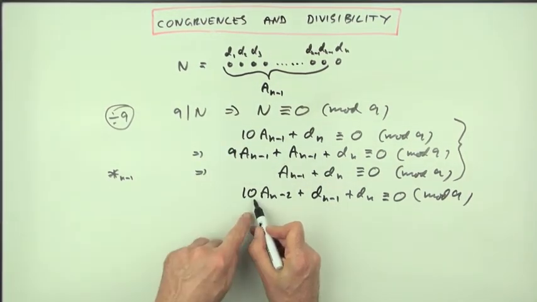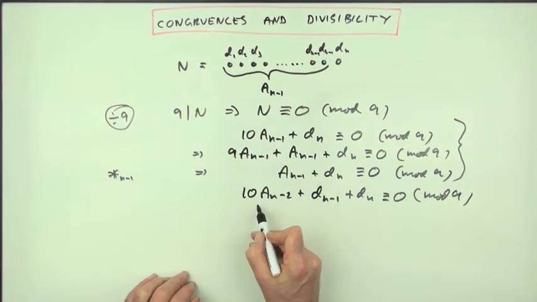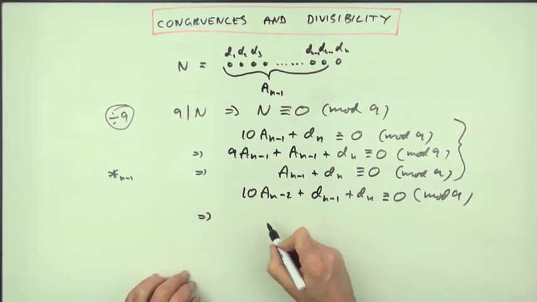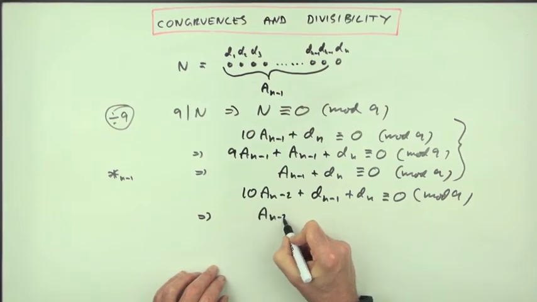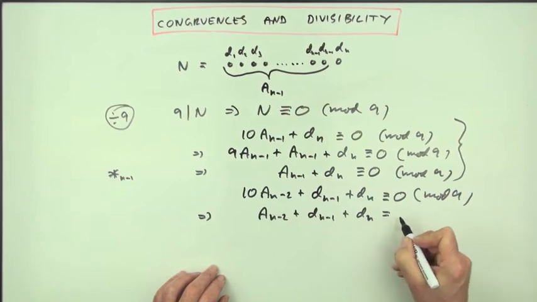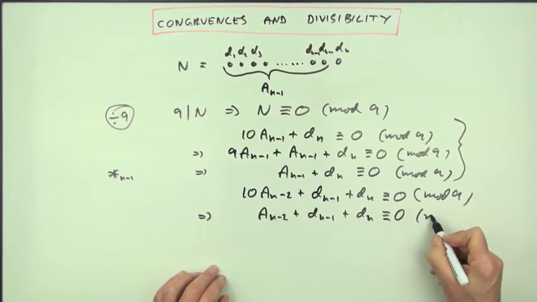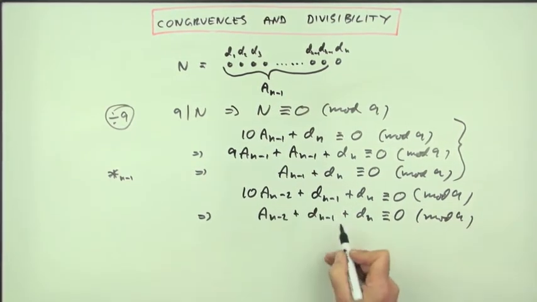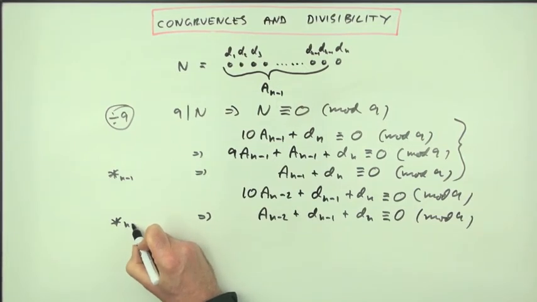So obviously that would split into the 9 and the 1 again. So that would come all the way down to a n minus 2 plus dn minus 1 plus dn is congruent to 0. So that's the line that reads, I've got down to term n minus 2.